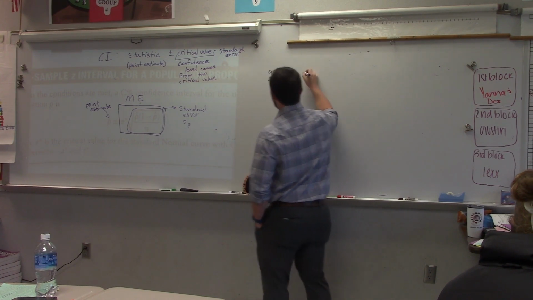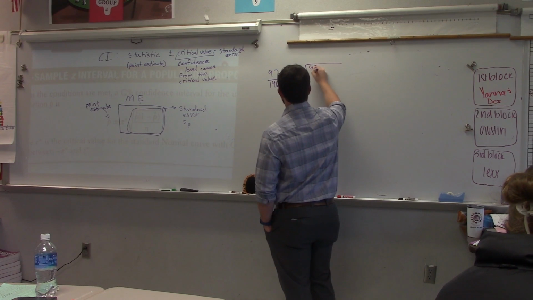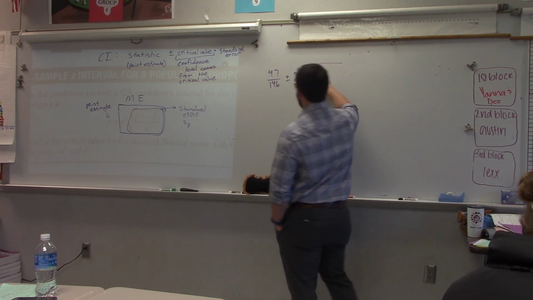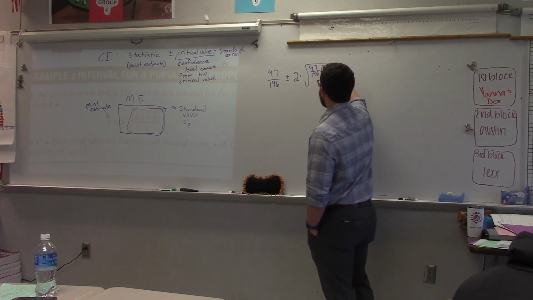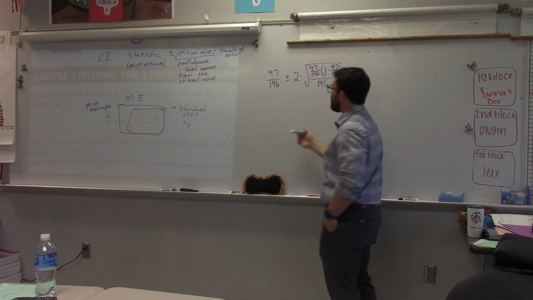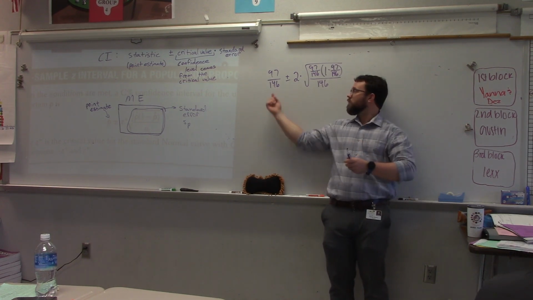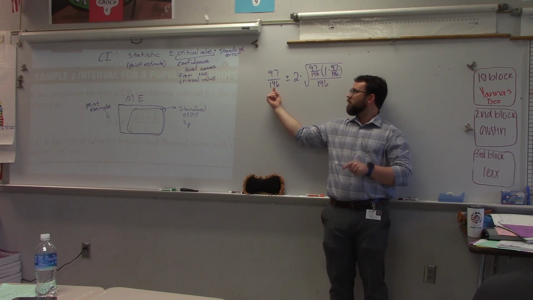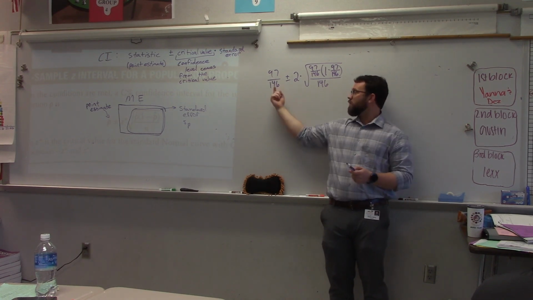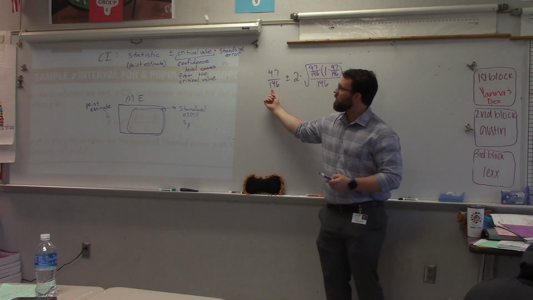And then remember how Ashton had us do 2 times the square root of 97 out of 146, my sample proportion, times 1 minus 97 out of 146. Notice, this is my what? That's my point estimate. That was my statistic.